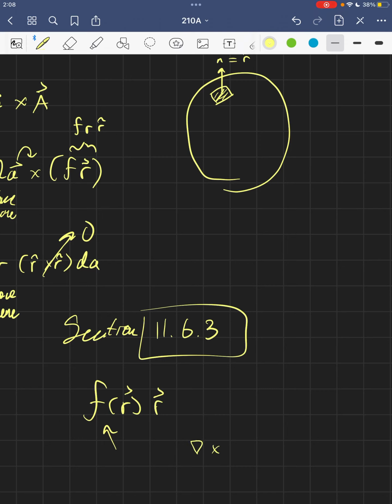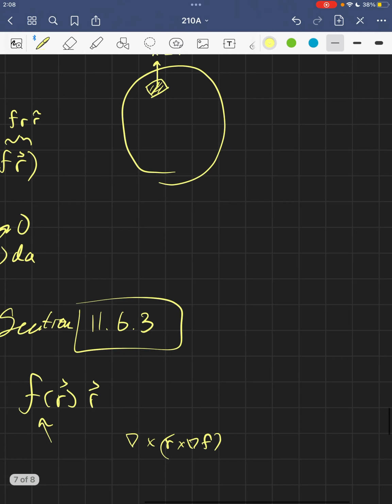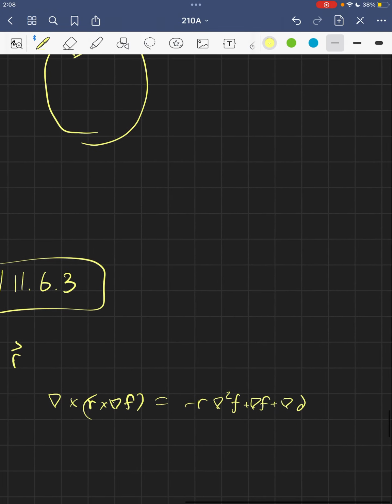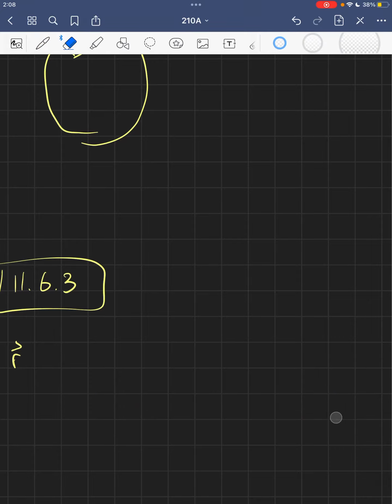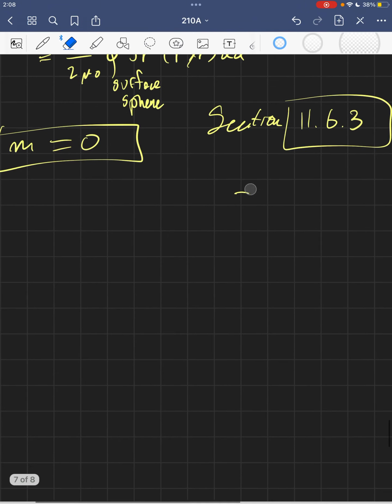You're going to have nabla cross r cross the gradient of f at some point, and you have to be able to solve that out. So this is going to be negative r nabla squared f plus nabla f plus the gradient of r of f. You can get that using the identity, or the equations they give you in section 11.6.3.